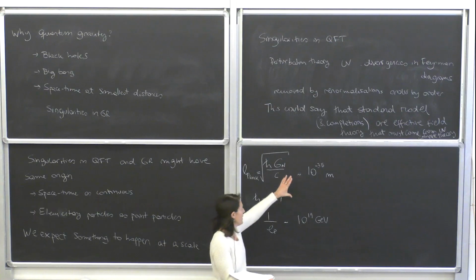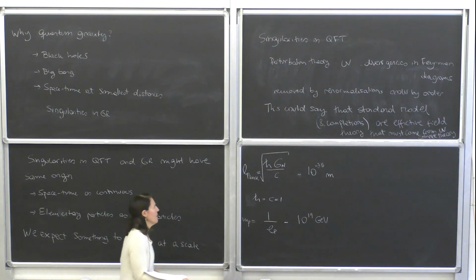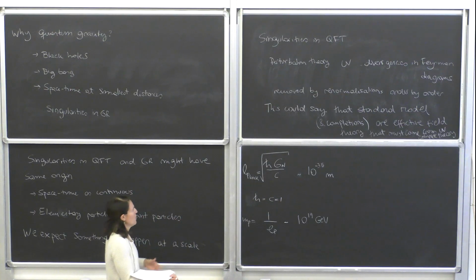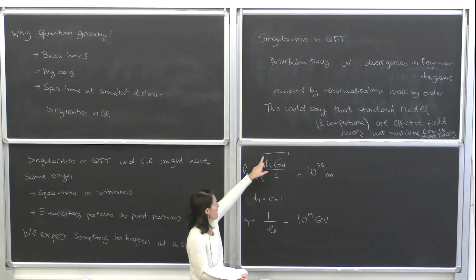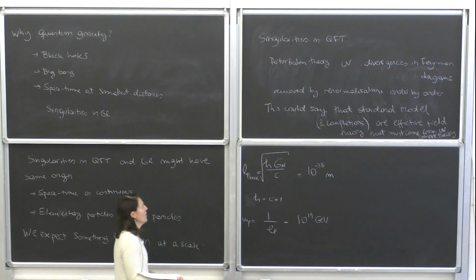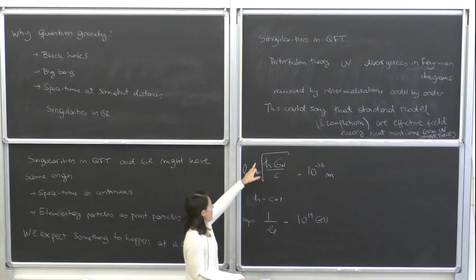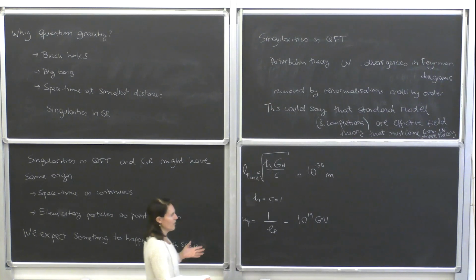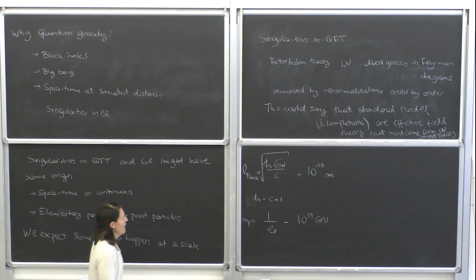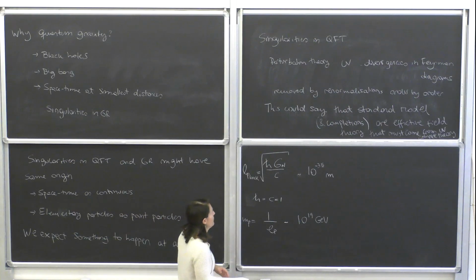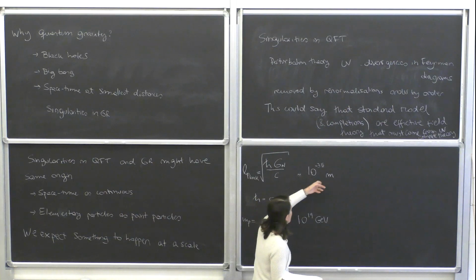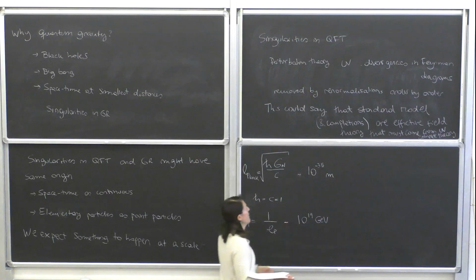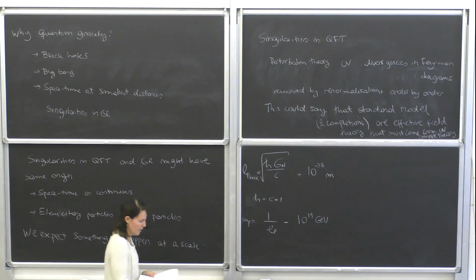But at these scales, h bar tells you that, so quantum mechanics tells you that you cannot tell the position and the momentum of a particle. And then at these scales, space-time should not be a continuum anymore.